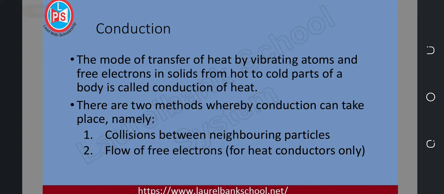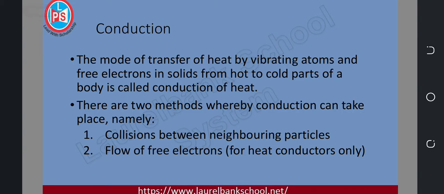In the previous slide, you have seen a diagram in which a spoon is heated at one end, and then we observe that the whole spoon heats up after providing heat at the one end, because the transfer of heat is by the process of conduction, because conduction occurs in solids by vibrating atoms and by using free electrons. So the transfer of heat in solids, especially in metals, takes place by the process of conduction.